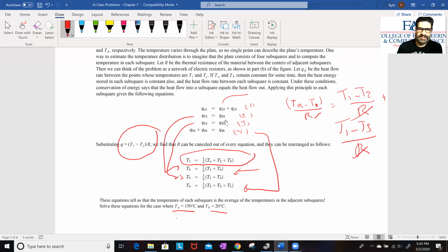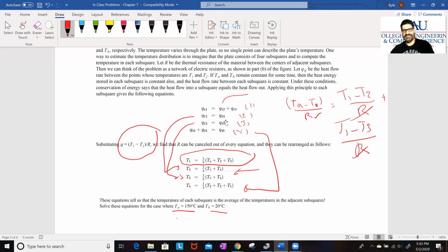So let's try to solve these equations. We have four equations, so let's rearrange them. We know TA and TB, so we want to find T1, T2, T3, and T4.